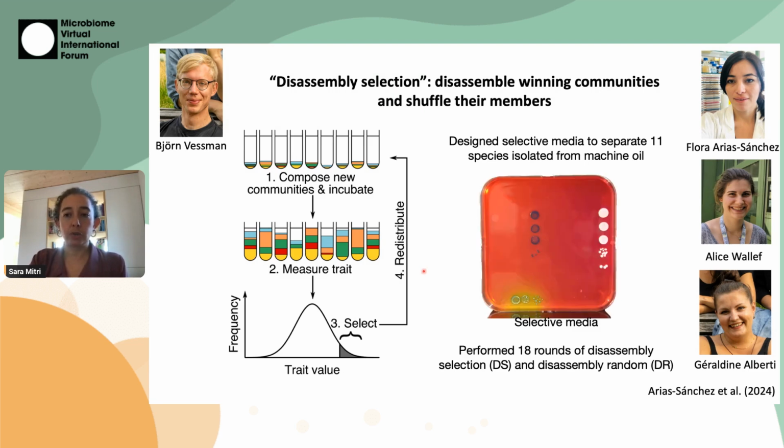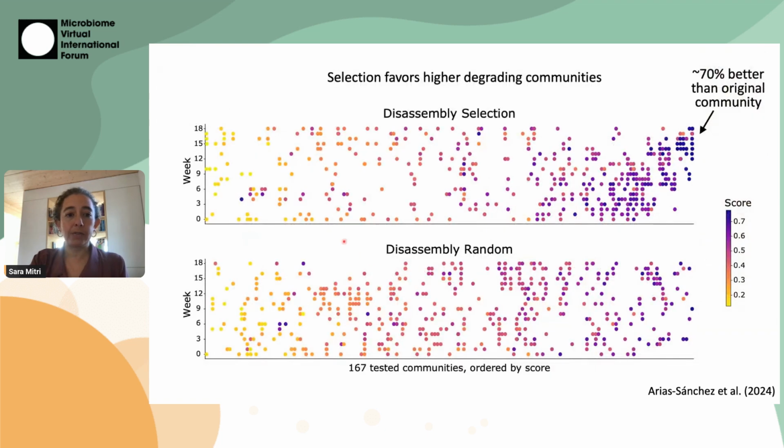And I'll just show you one quick results slide. So in the top part of the plot, you see the selection treatment, and in the bottom, we're just selecting randomly, to contrast, just as a control. And on the x-axis, there's all of the communities we tested ranked from worst on the left to best on the right.